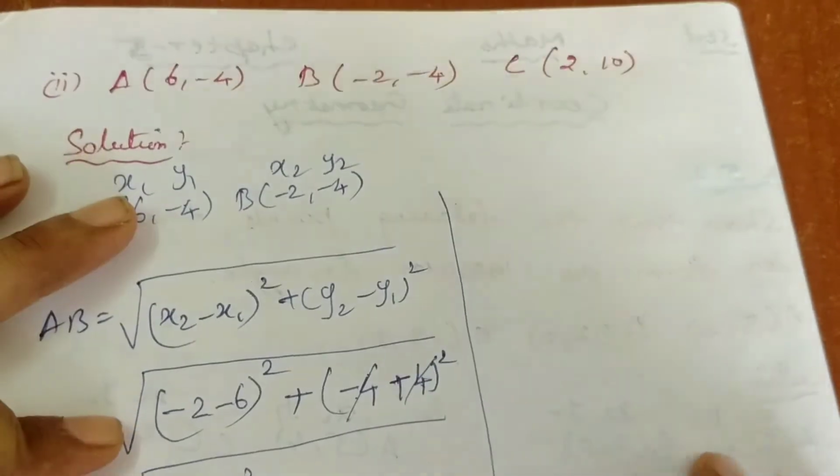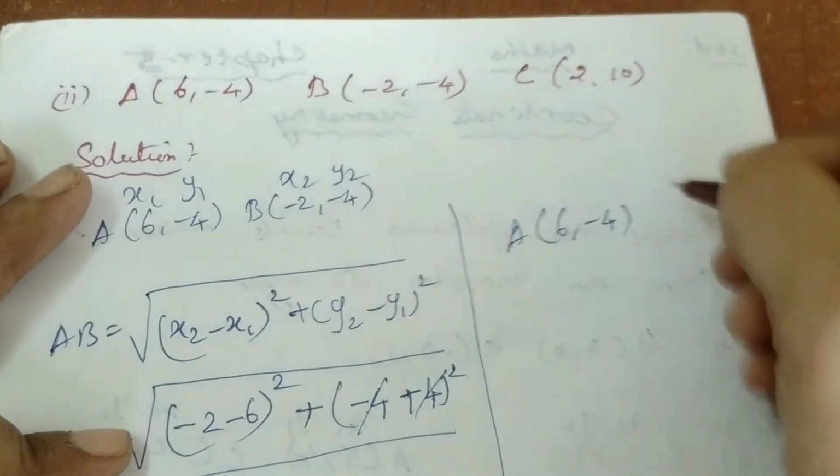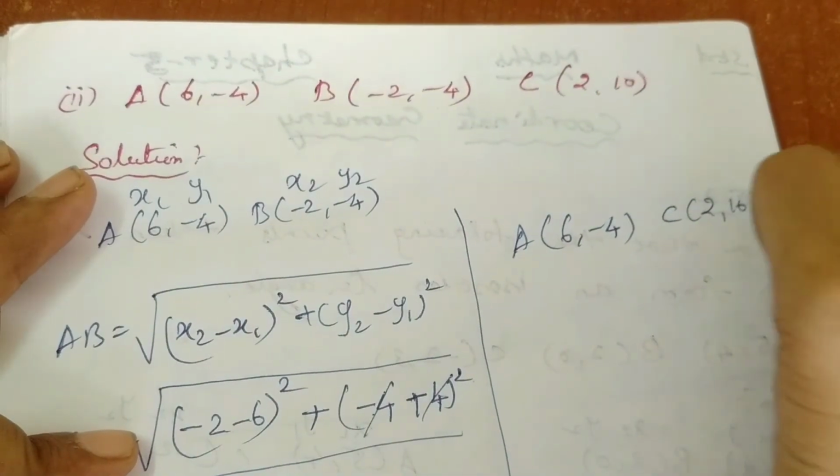Now we are going to find the distance between A and C. Our A point is 6 comma minus 4, C point is 2 comma 10.